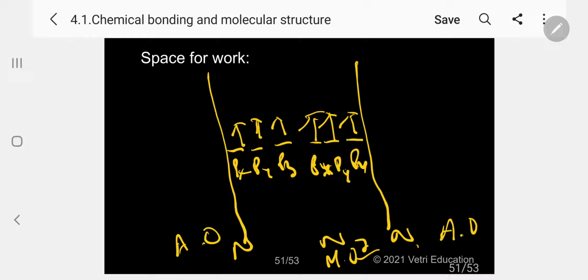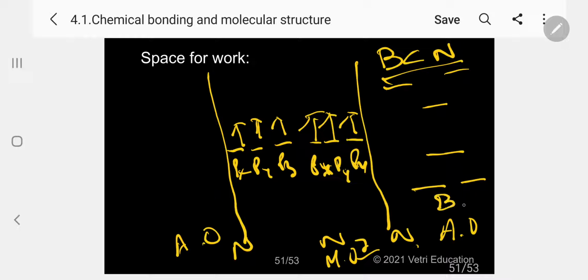According to molecular orbital theory, when these 3 orbitals undergo combination they produce 6 p orbitals. Please follow the technique for boron, carbon, nitrogen. It will split in this form. This is the bonding molecular orbital, and this is the anti-bonding molecular orbital.